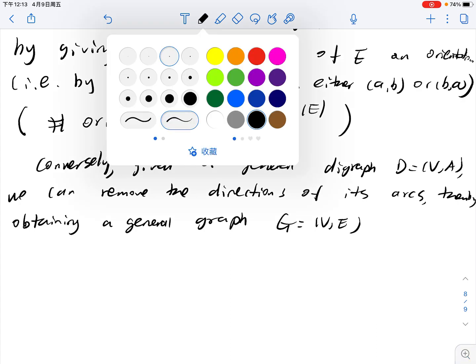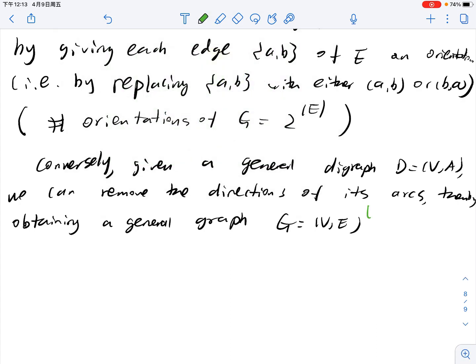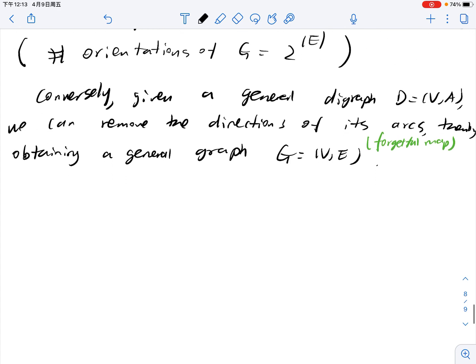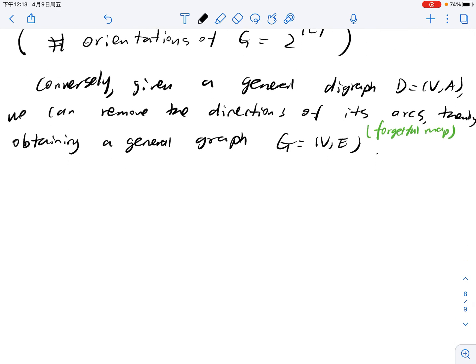So in other words, if you learn a little bit of fancy mathematical language, this is called a forgetful map. You forget certain actual information and derive some weak version of the object.